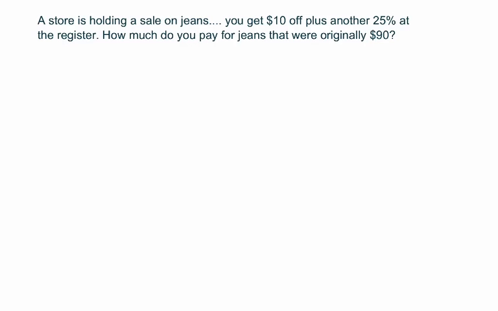So we've got these jeans, they're originally $90, and we're going to figure out what price we actually pay for them. You start with the $90, and then you take off the original $10. The sticker says $90, so we can take $10 off of that right off. So it's $80.